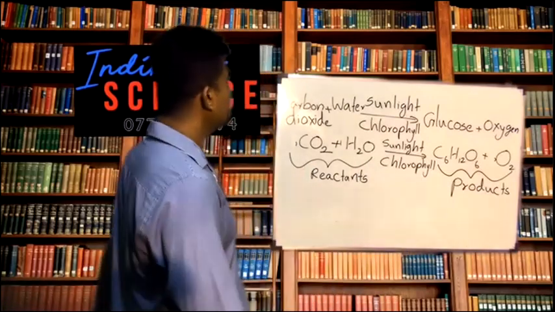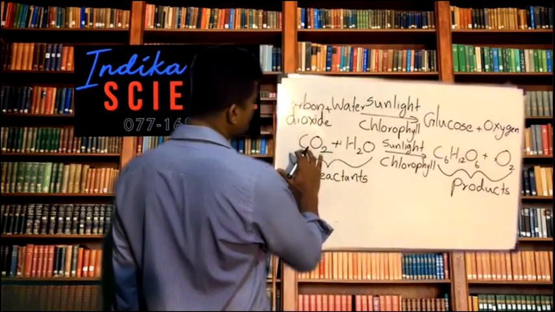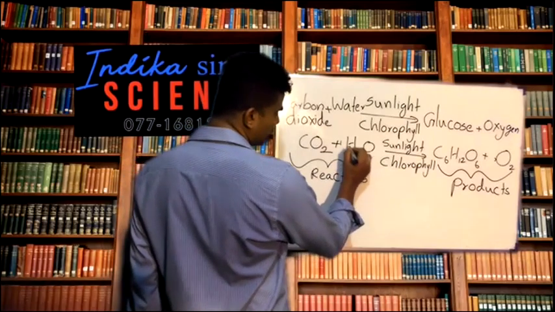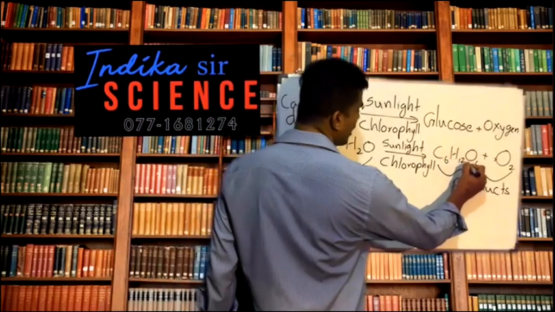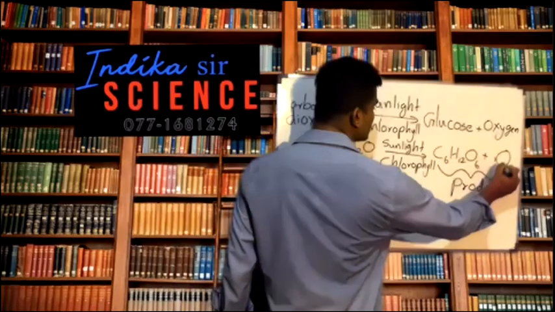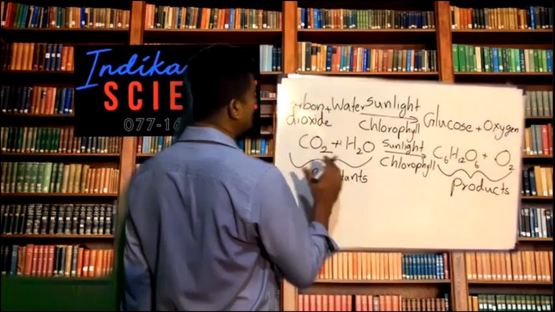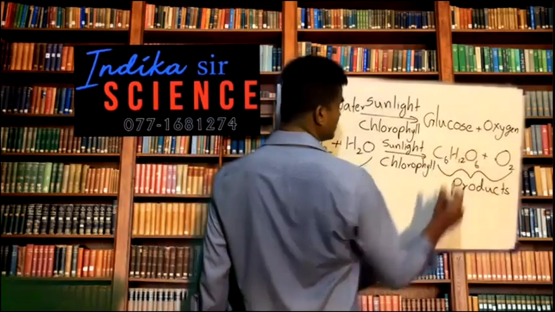But if you observe externally, you can see here 1 carbon, 2 oxygen, 2 hydrogen, 1 hydrogen, 6 carbon, 12 hydrogen, 6 oxygen, 2 oxygen. By looking, you can just say that here carbon 1, but the product side carbon 6.